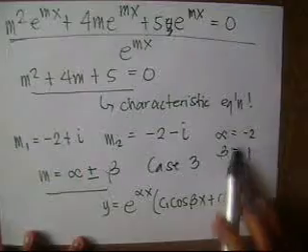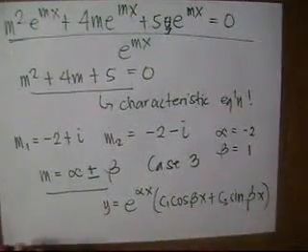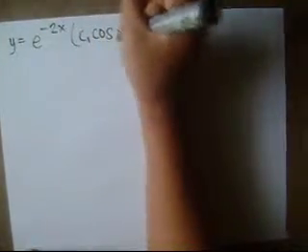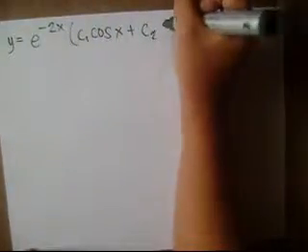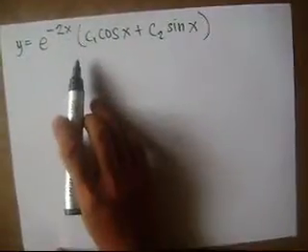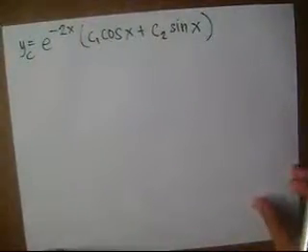Substituting these values, y = e^(-2x)(c1 cos x + c2 sin x). This is now the value of the yc, which is the complementary solution.